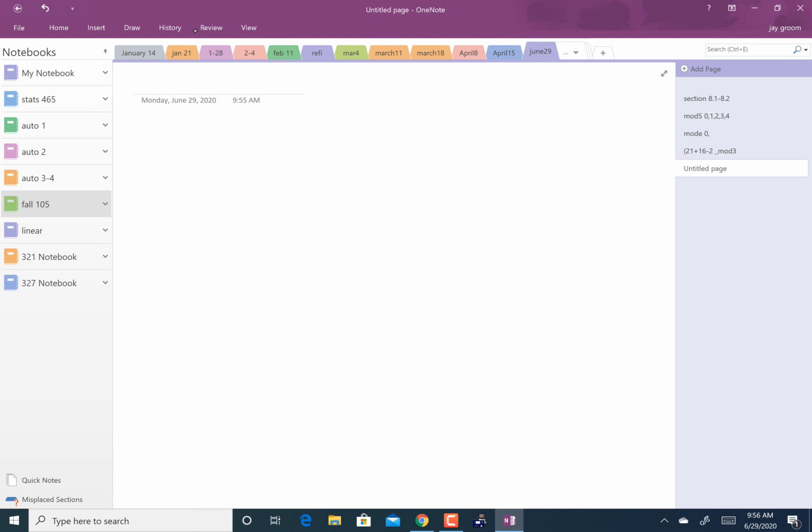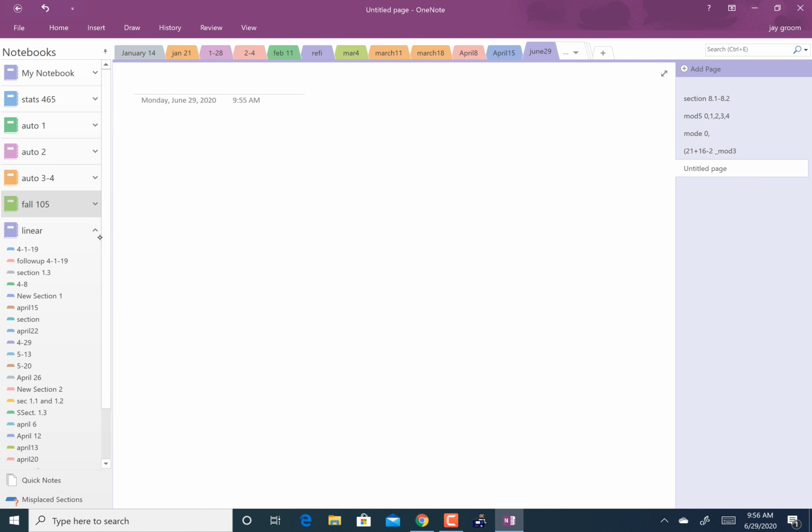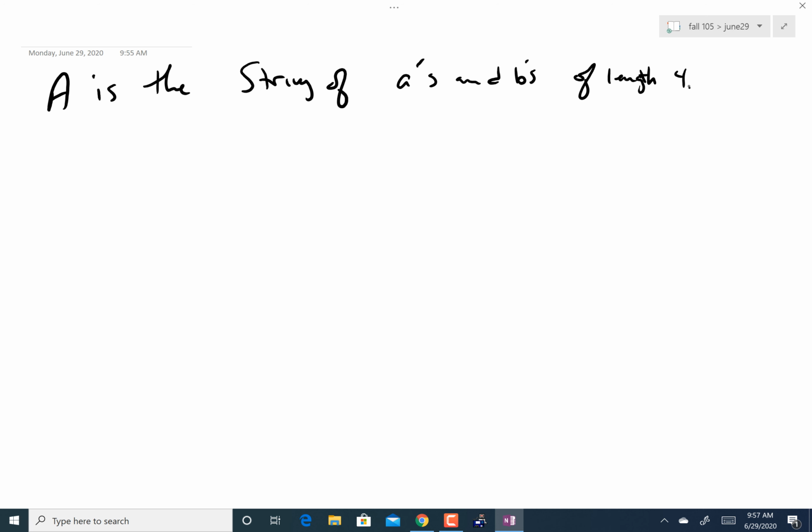Okay. For instance, here's a dandy. A is the set of all strings of A's and B's of length 4. And we're going to define R, that's the relation, on the set A as follows.